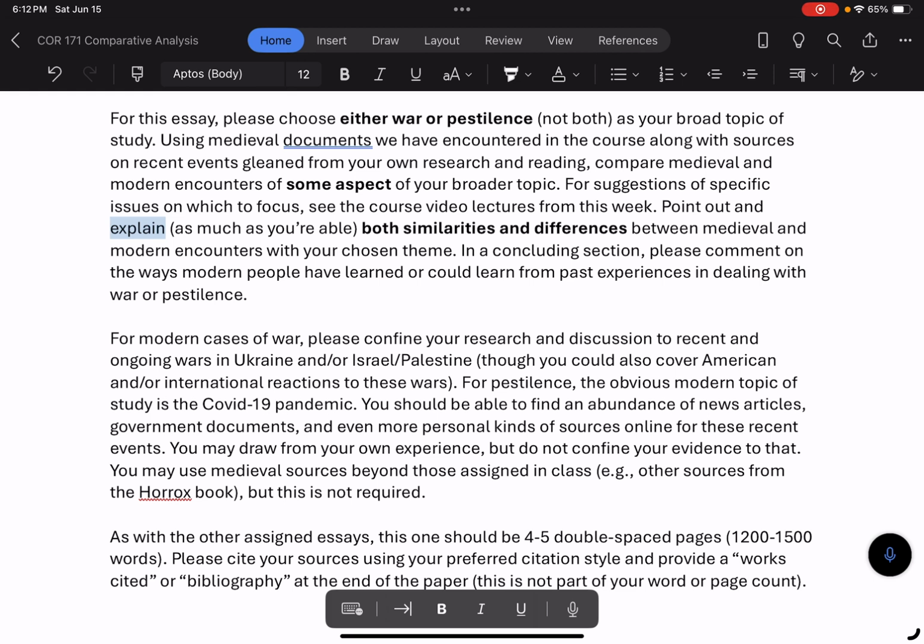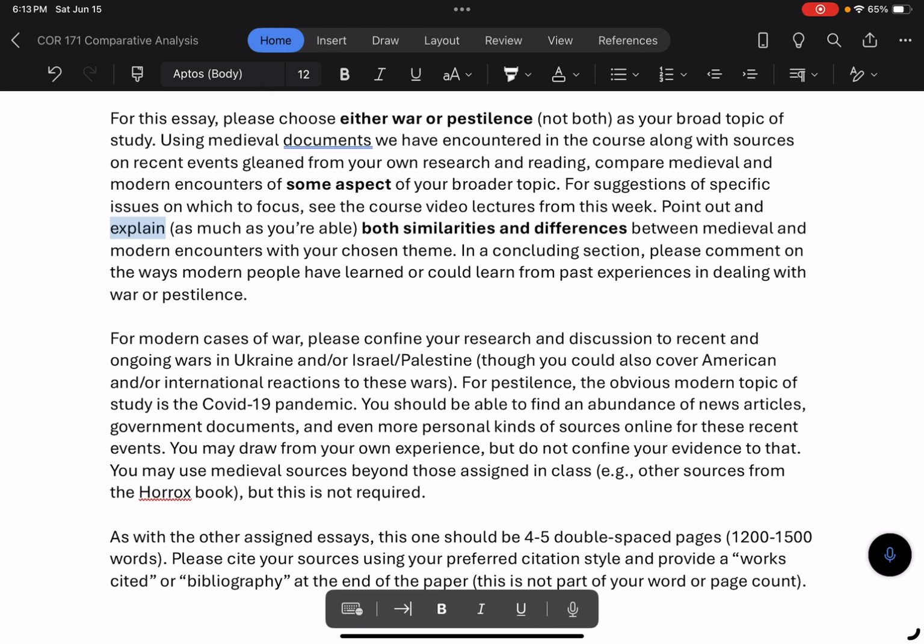The rigorous part of this is to explain, and by explain, as you should come to understand or be pretty comfortable with at this point in the course, that means you're trying to look at historical context and use contextual information to explain why people are doing what they're doing, right? In this case, you're applying this not only to the rather distant past, which would be the Middle Ages, but also to relatively recent things. Hopefully this will be a self-reflective exercise. What is our context, right?